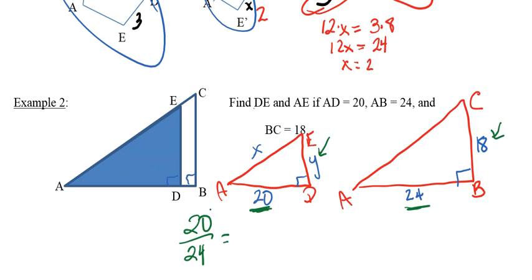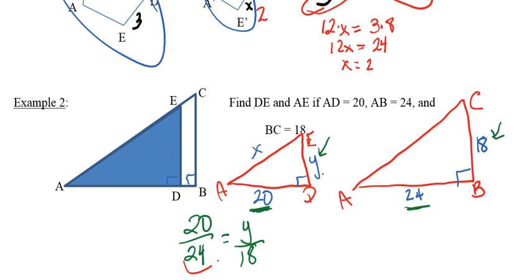Since I put the 20 on the top, which is from the first shape, I have to make sure the first shape, or the Y, is on the top. And then I'll have the 18, because it's from the second shape. So these are both from the first shape, these are both from the second shape. These are from the same position in each shape.